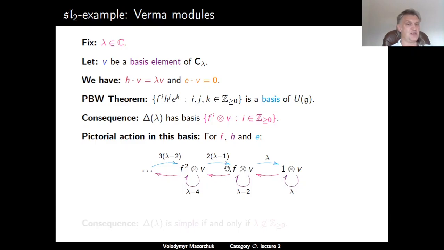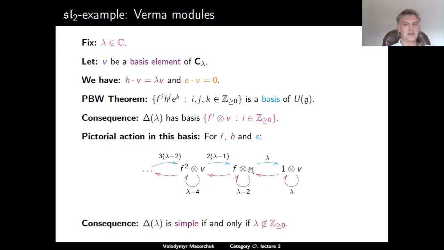From this picture, if we take into account how we computed the simplicity of the SL2 modules V lambda C, we deduce that the Verma module delta lambda is simple if and only if the parameter lambda is not a non-negative integer.